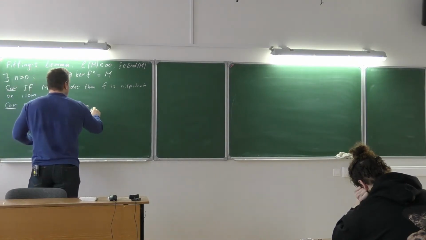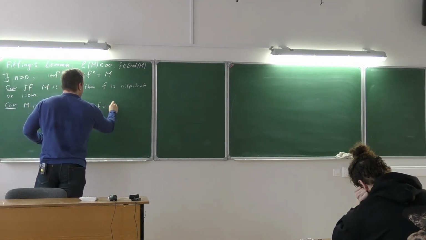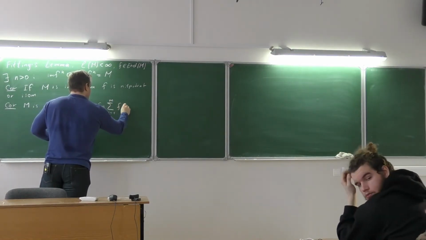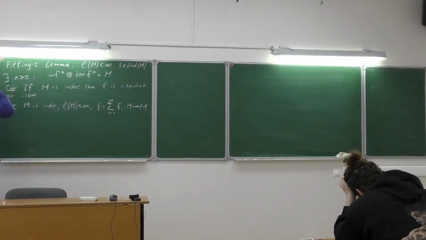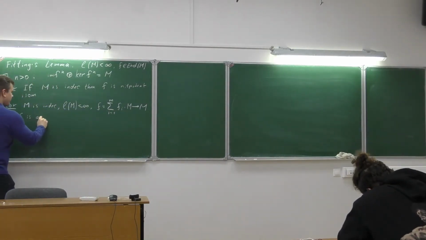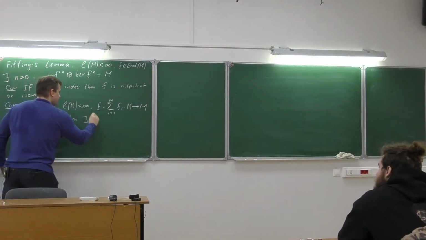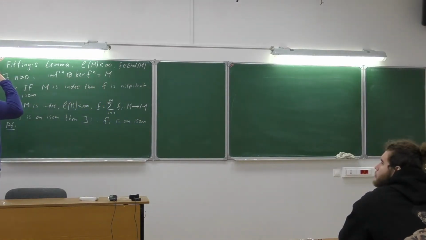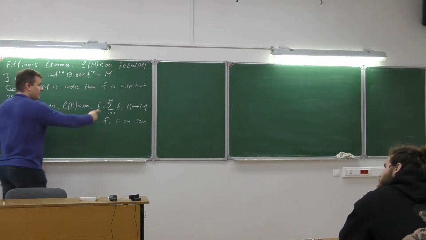And I assume that I have an endomorphism f, which is in fact a sum, with i running between 1 and m, of some endomorphisms f_i. So M is indecomposable of finite length, and f is this sum.